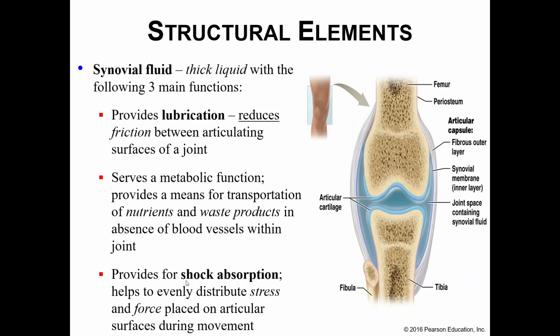And then we're going to have shock absorption. As long as we have plenty of synovial fluid within this cavity, if you, for example, just jump up and down, it would make sense that these bones would almost touch every time you jump up and down, but the articular cartilage and then the synovial fluid helps prevent the bones from actually rubbing against each other.